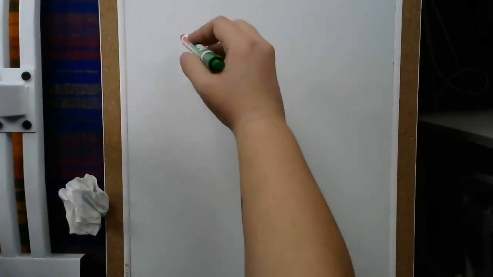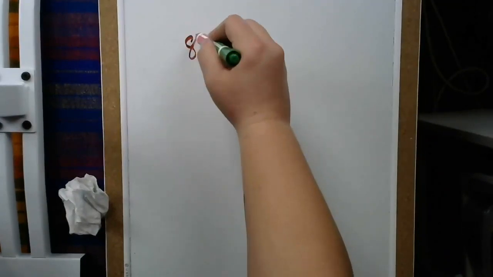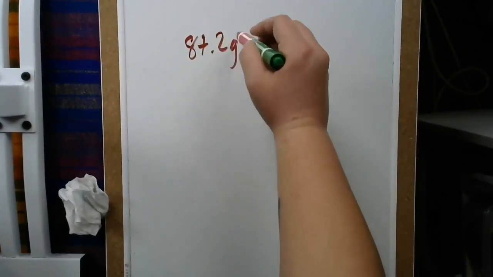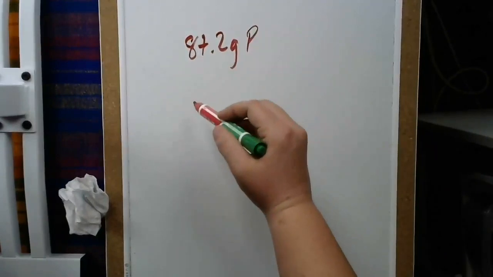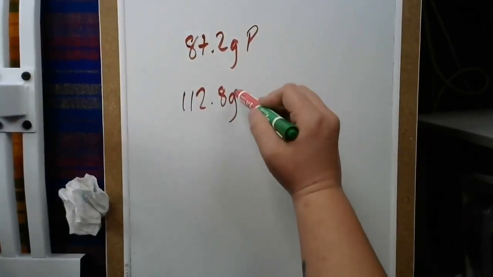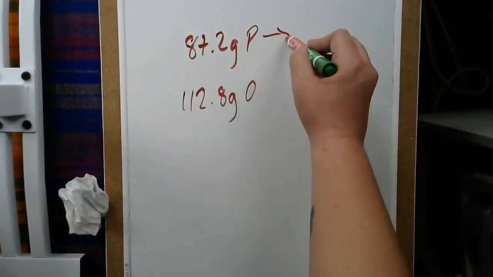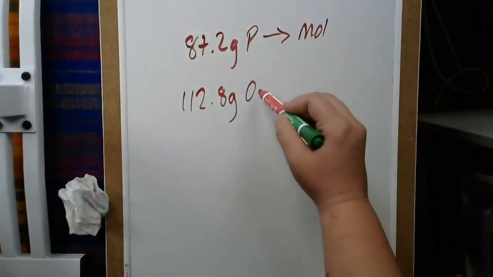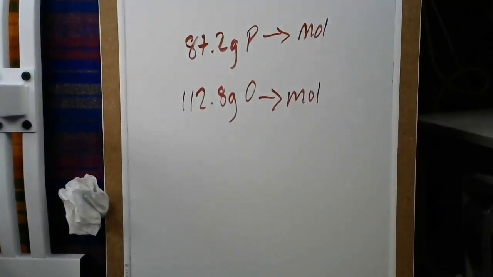We're not looking at mass values. We're looking at mole values, right? So when we have these two mass values that we're given, the first thing we want to do is take these gram values and turn them into mole values using our periodic table. Because once we have these mole values, then we can create a relationship between these two things.